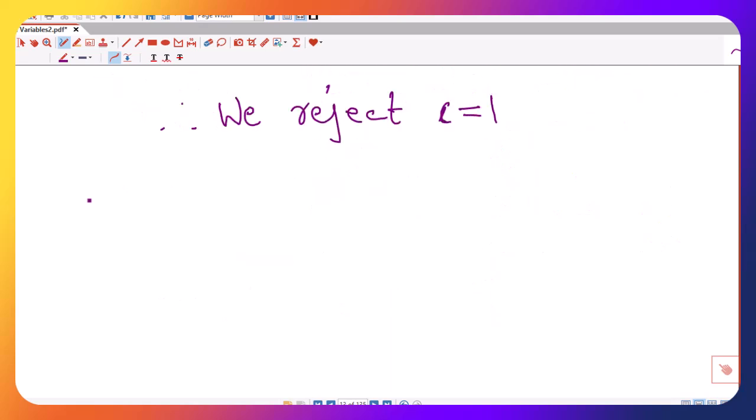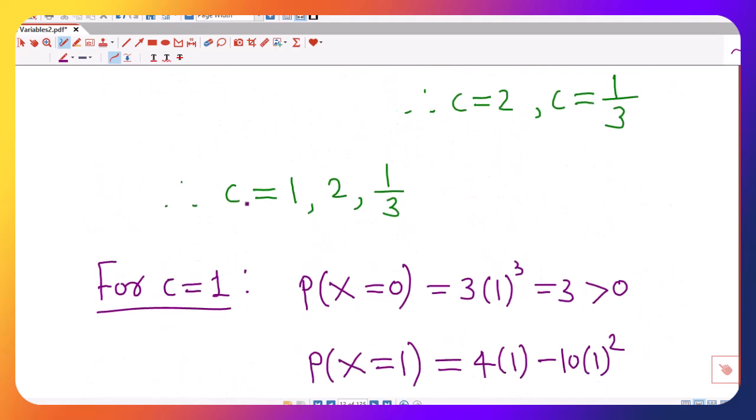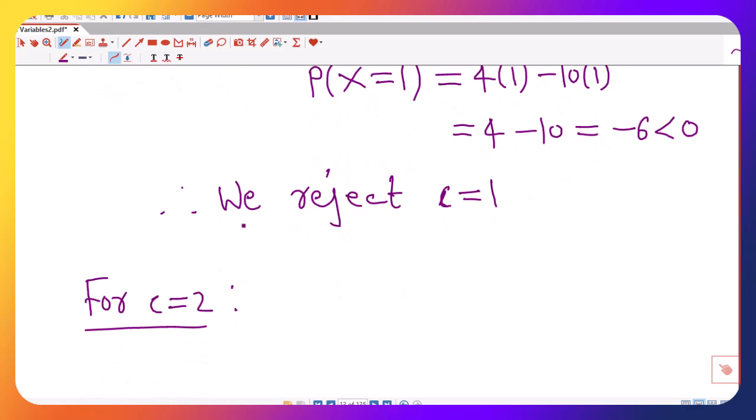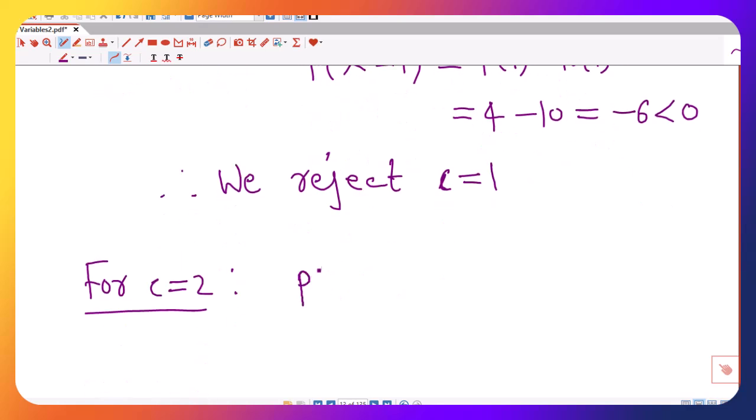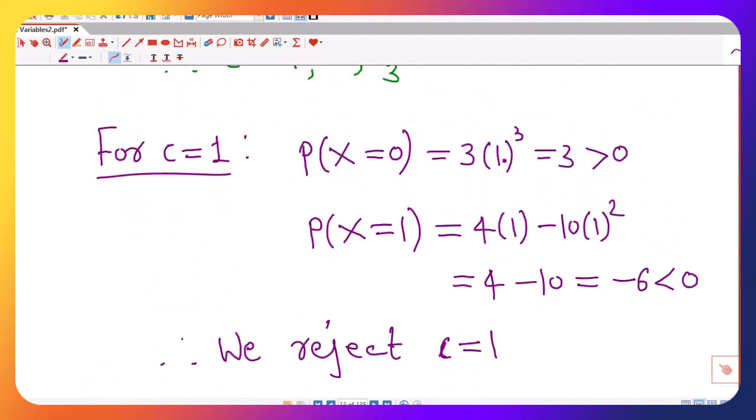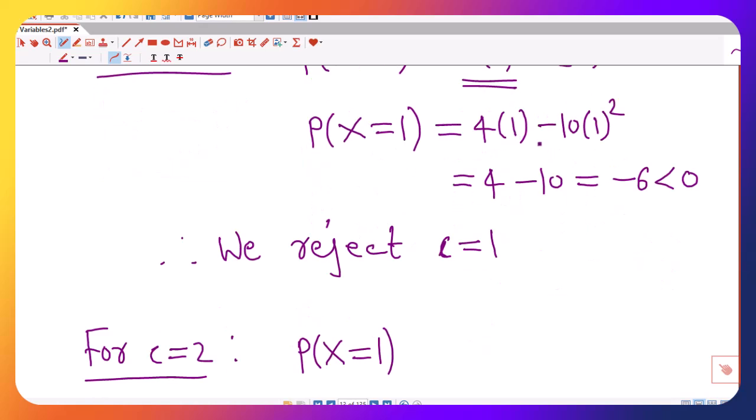Similarly, I have to check for the remaining two values. Another value is c equal to 2. So for c equal to 2, if I consider the second probability, because first probability is 3 times c cube, if I take c equal to 2, it will be positive. Second probability is 4c minus 10c square.